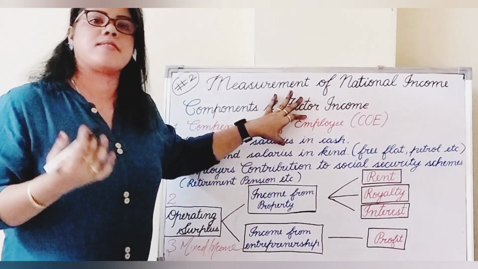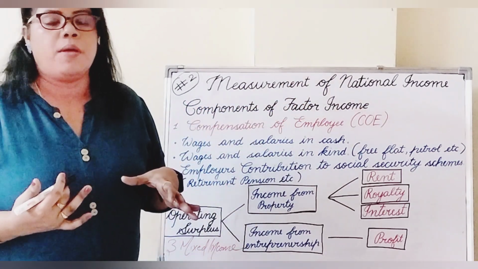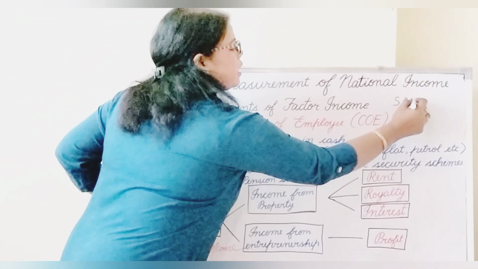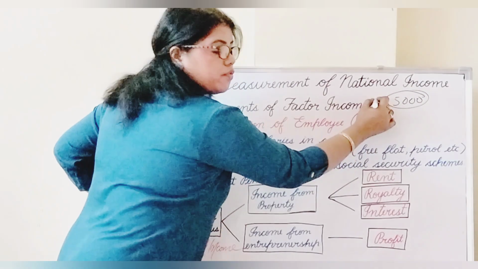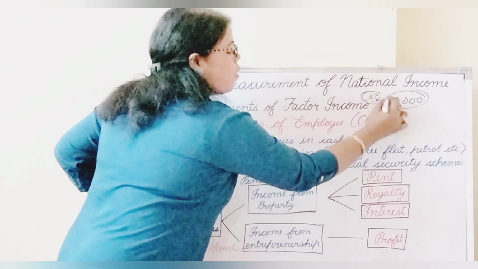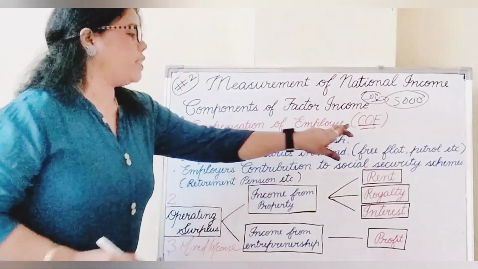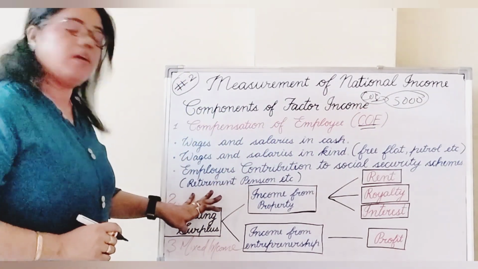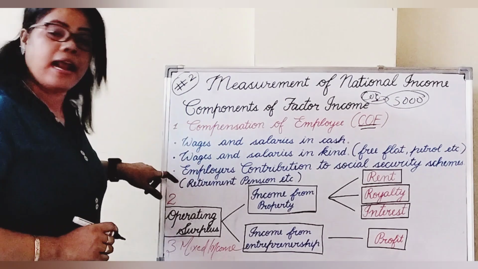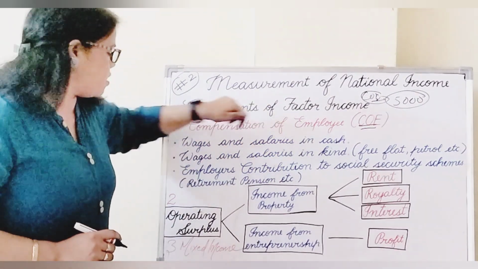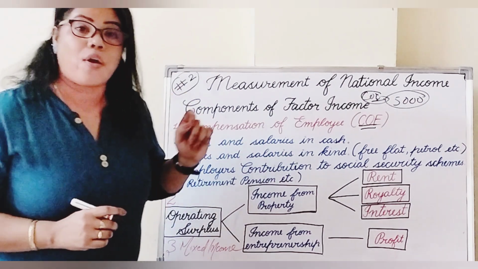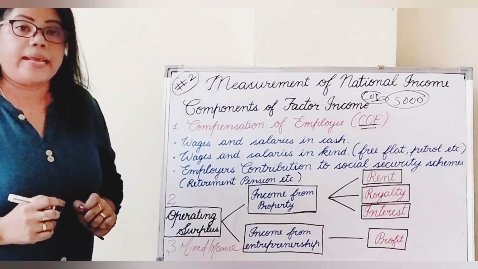Maybe sometimes in examination, you are asked to calculate national income and compensation of employees is given as 5,000 or 500 or something. It is given like this, COE, which implies compensation of employees. If it is given like this, then there is no need to focus on these 3 elements, that is wages and salaries in cash plus wages and salaries in kind plus employees' contribution to social security scheme.